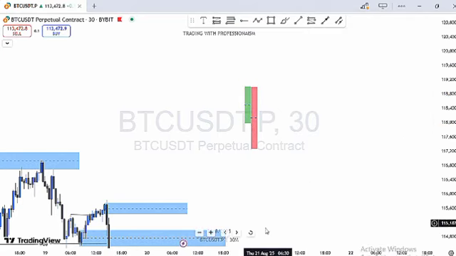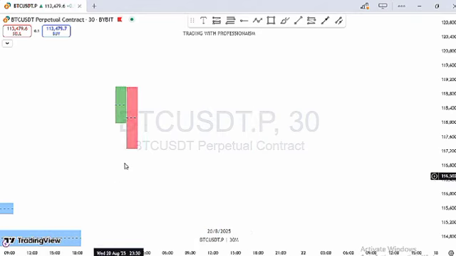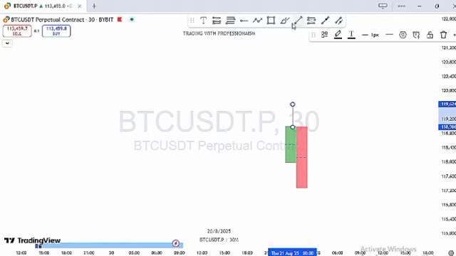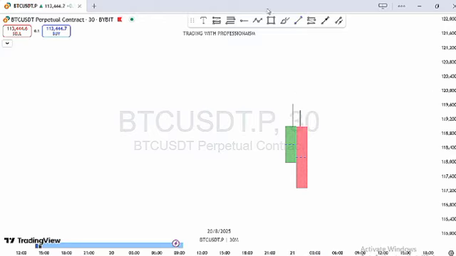So now your main concern is the wicks. So a valid order block should have a wick that looks something like this. Okay, look at this.